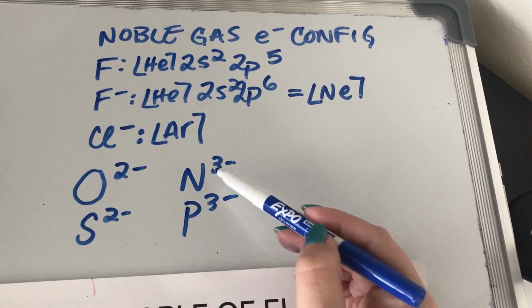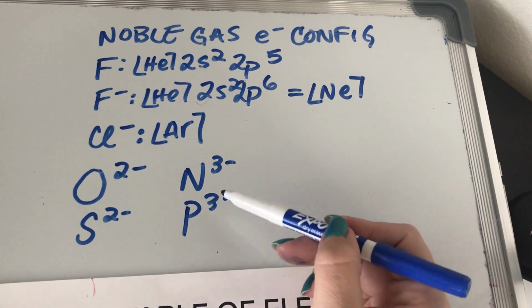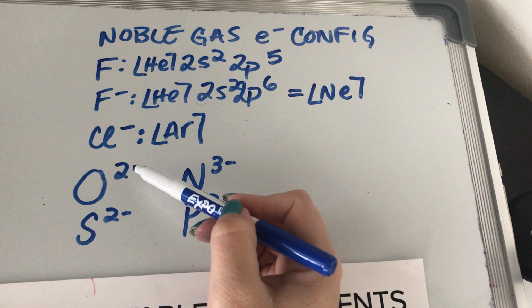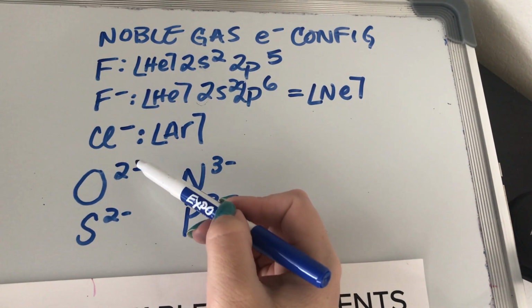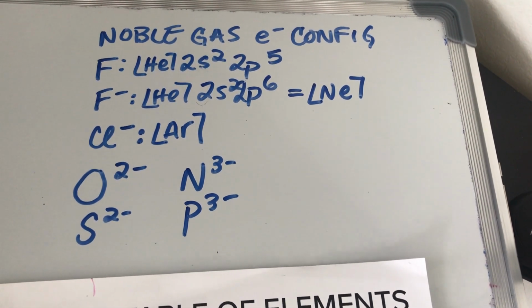You'll only ever have nitrogen -3, or oxygen -2. Does that make sense, guys? So when atoms are losing electrons, they either don't lose electrons or they lose the amount of electrons that gets them to the noble gas electron configuration? Correct, for main group elements. Perfect, thank you. Yep, exactly.